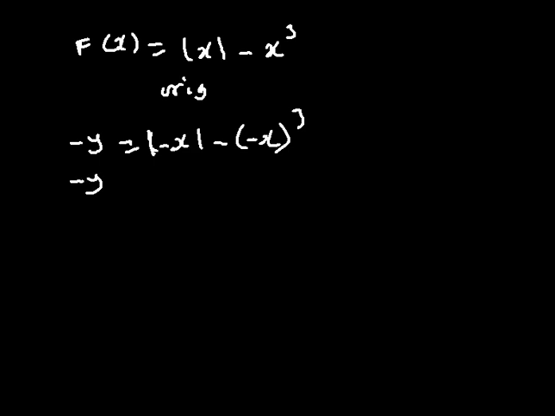What is the absolute value of negative x? That is positive x. And what is negative x to the power 3? That is negative x to the power 3, and with the minus sign it becomes positive x to the power 3, and we have y equal to negative x to the power 3.